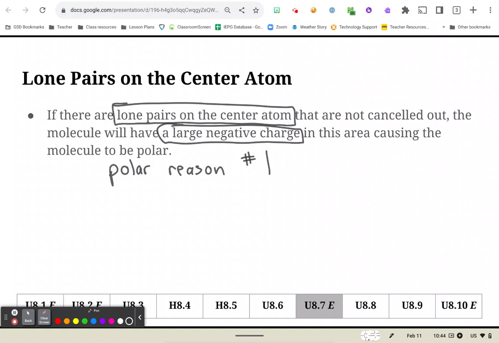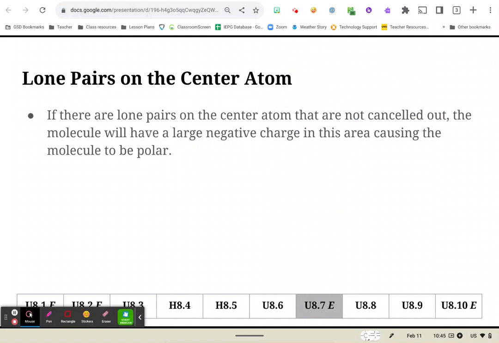All right, so that's one of the easiest things for you to evaluate about a molecule. You'll notice that we say that they're not canceled out. In everything we do in first year chem, they will not be able to be canceled out, but anyone moving on to beyond that, recognize that in second year chem, you'll see molecules where that can happen. But right now, you don't need to worry about that.